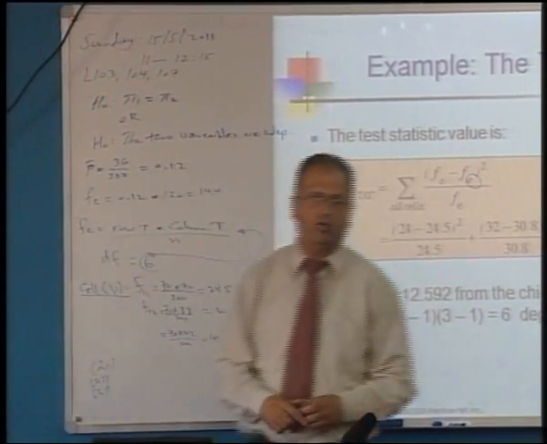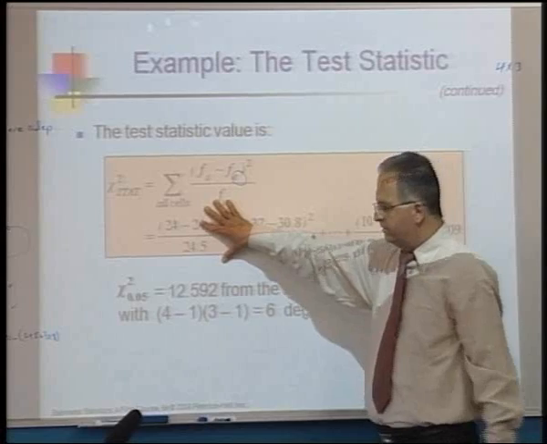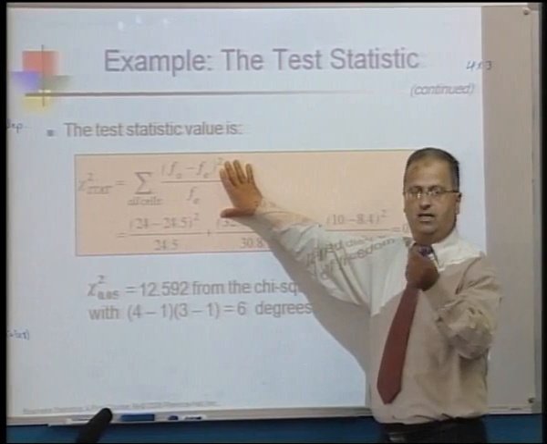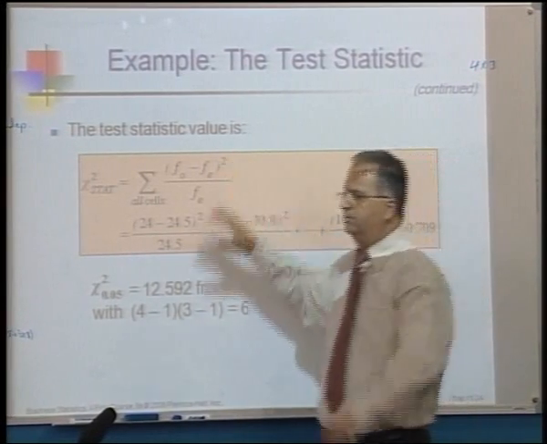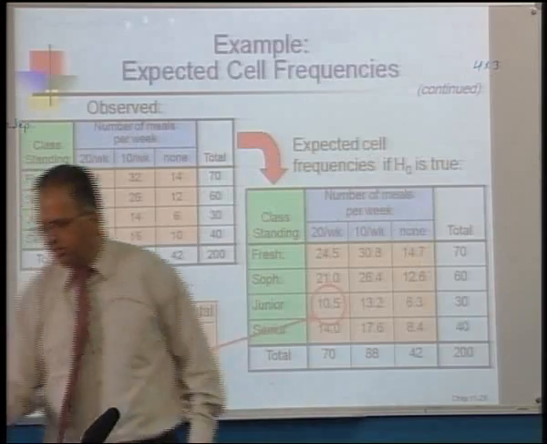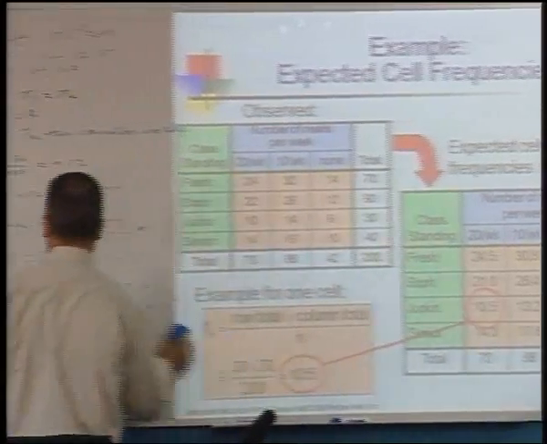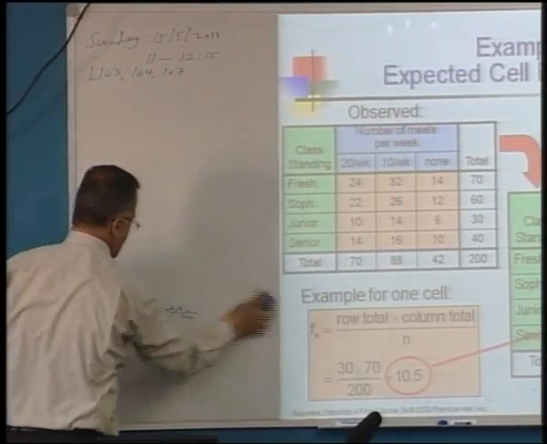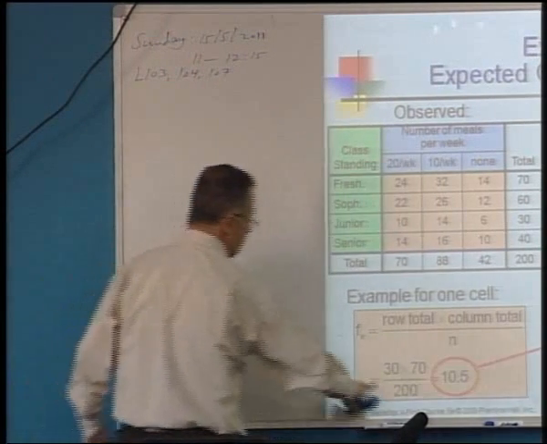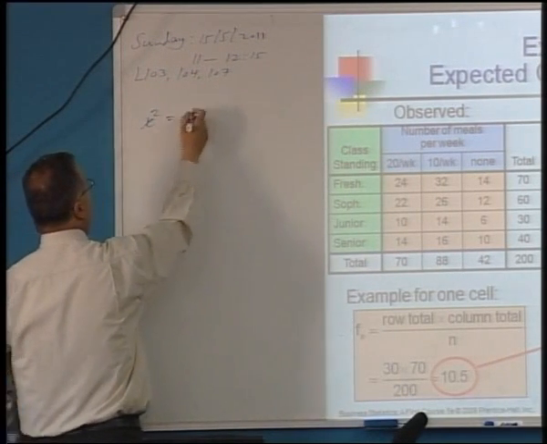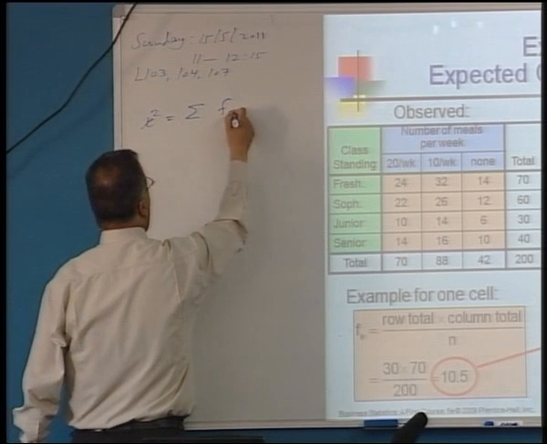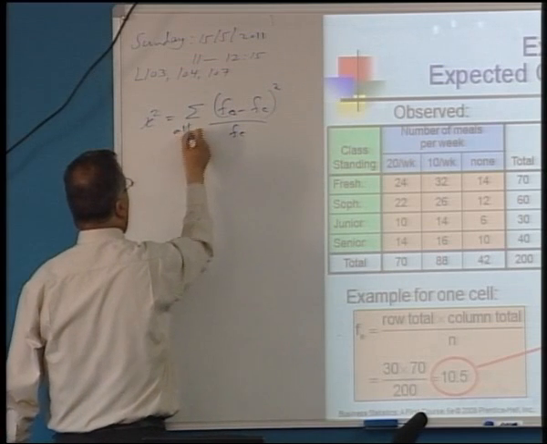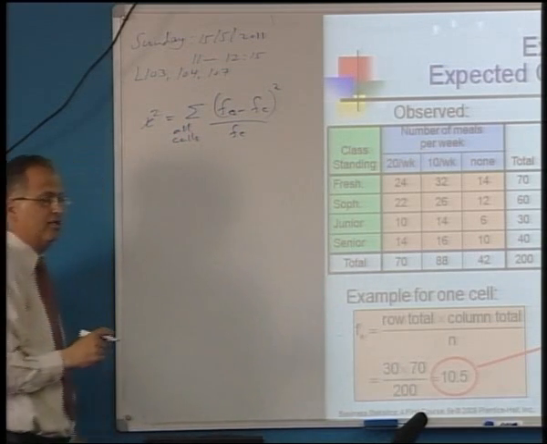Now, based on that, we can compute the chi-square statistic value by using this equation for each cell. If you go back a little bit to the previous table, in order to compute the chi-square value, we have to use this equation: chi-square equals the sum of F observed minus F expected, squared, divided by F expected, for all cells.